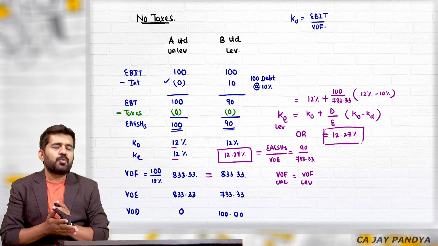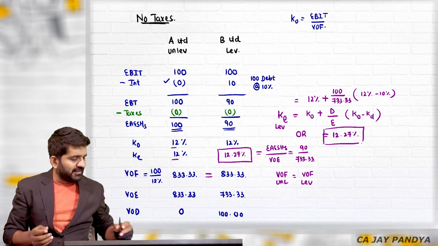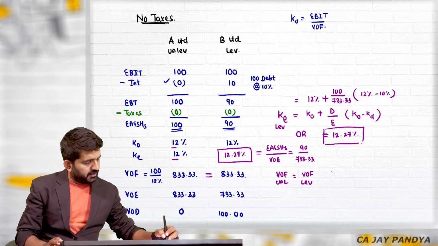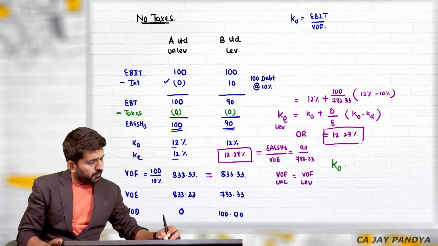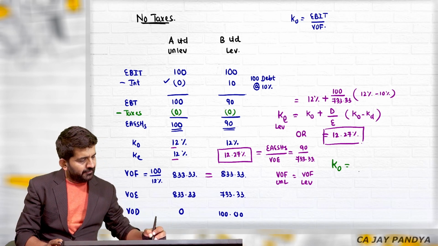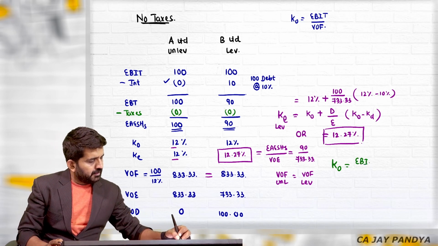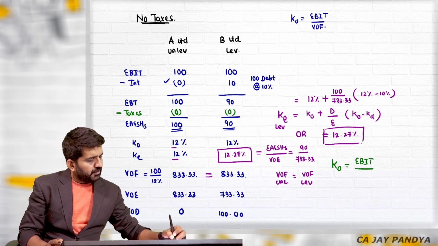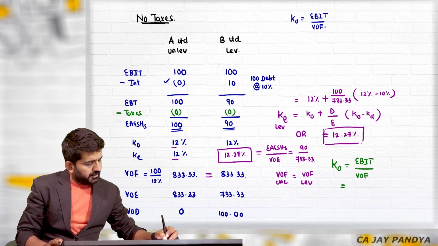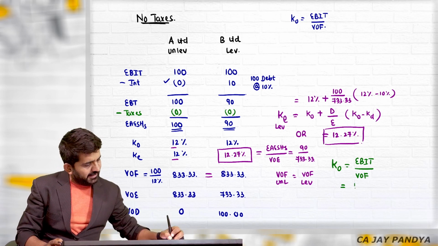Why? You can find out KO by this method. How to find out KO? Try to understand. KO is equal to, I can directly take EBIT upon value of firm. In the levered firm, EBIT is 100.